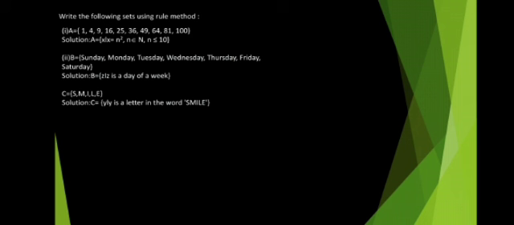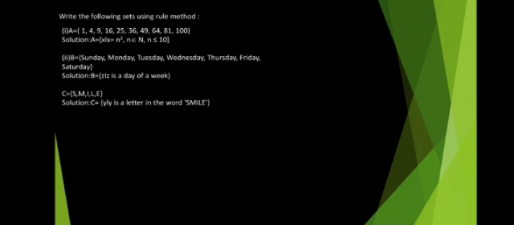By seeing these numbers we can say they are all perfect squares: the square of 1, then 2, 3, 4, 5. So what do we write? Set A = {x such that x = n squared, where n belongs to the natural numbers and n is less than or equal to 10}. So we get our answer.